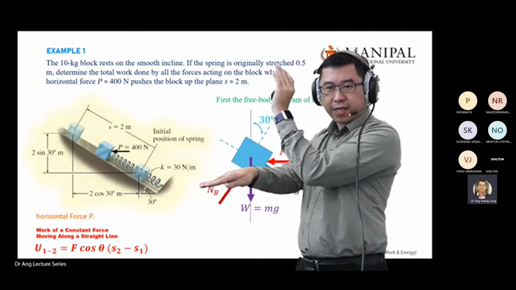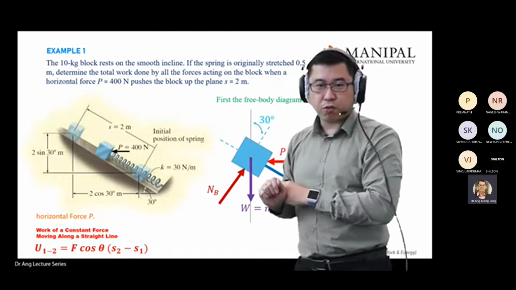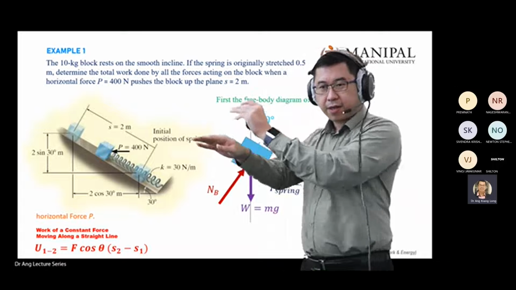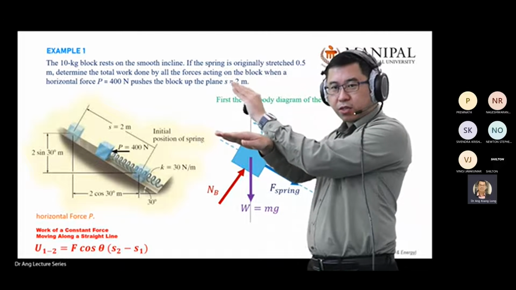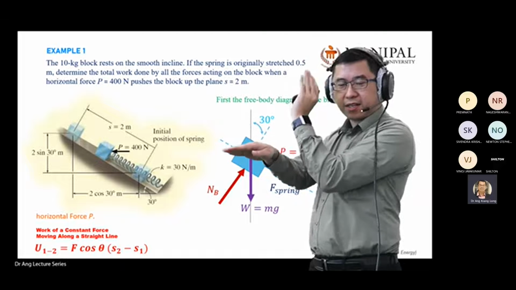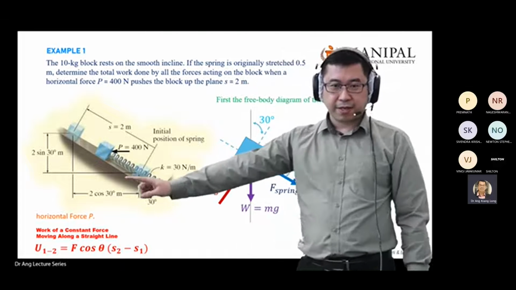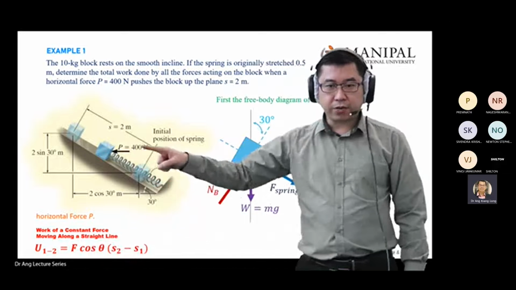But when the force and displacement become 90 degrees, there is no work done because cos 90 is 0. And if you increase the angle beyond 90 degrees, you get negative work. So this is the equation that you use.